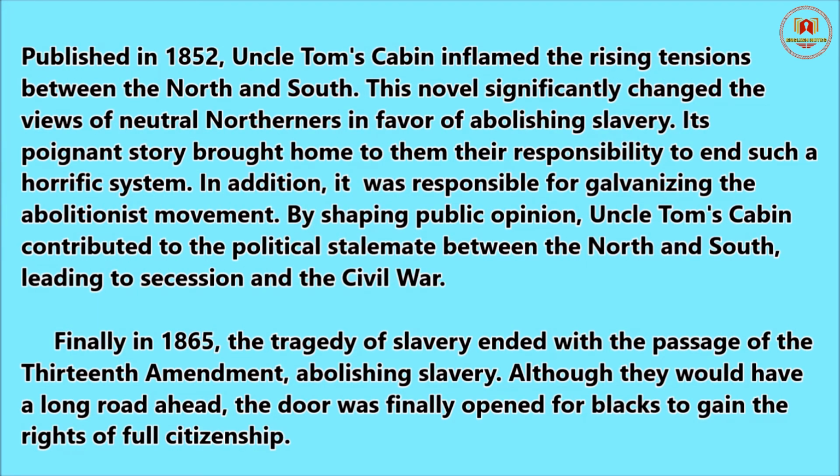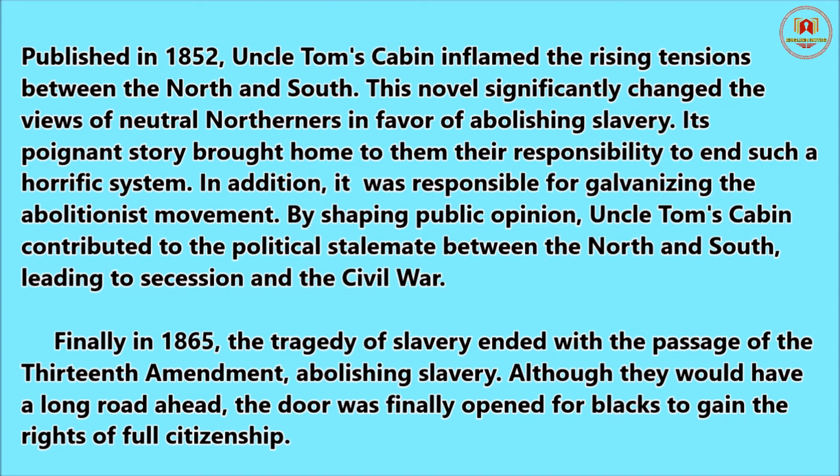Published in 1852, Uncle Tom's Cabin inflamed the rising tensions between the North and South. This novel significantly changed the views of many Northerners in favor of abolishing slavery. Its poignant story brought home to them their responsibility to end such a horrific system. In addition, it was responsible for galvanizing the abolitionist movement.